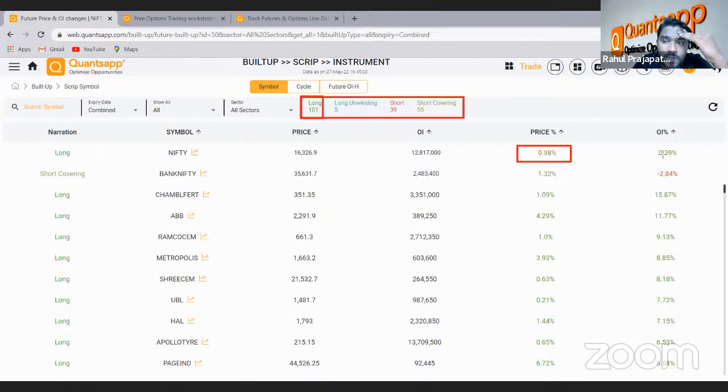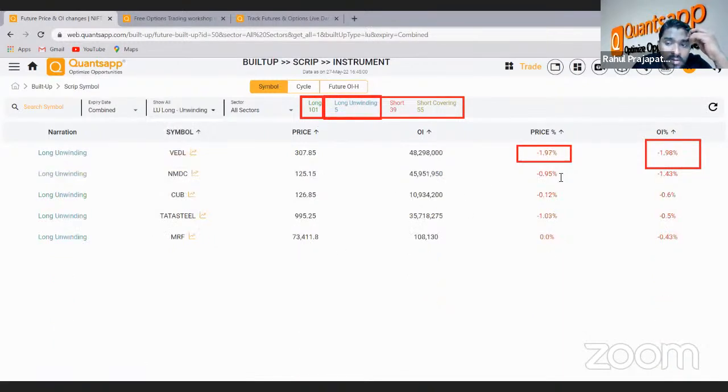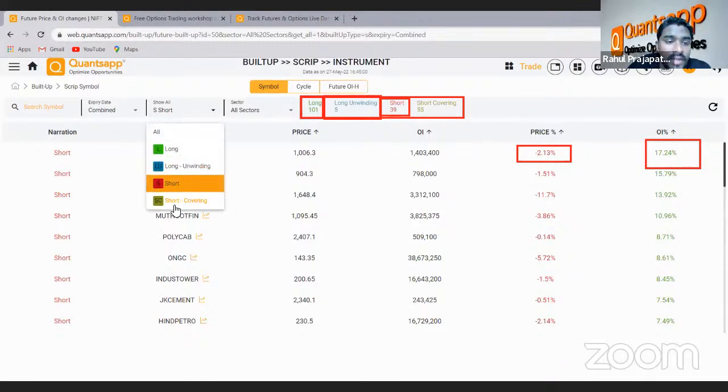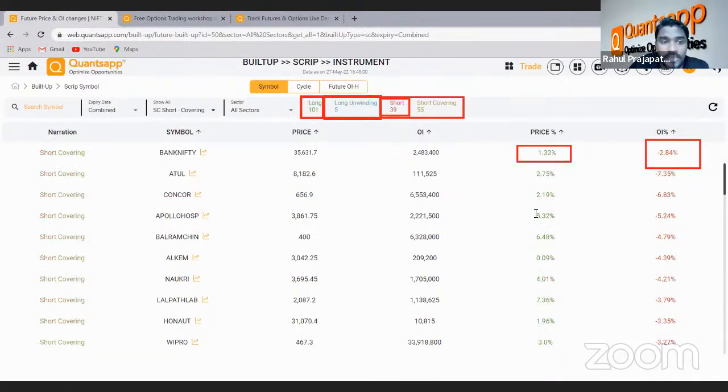Long build-up means the price going up, OI going up. Then we have long unwinding. Unwinding means when price is going down, OI going down. Then we have short build-up, that means OI increasing and the price going down. And then we have short covering, that means price going up, OI decreasing. So that is how it works.